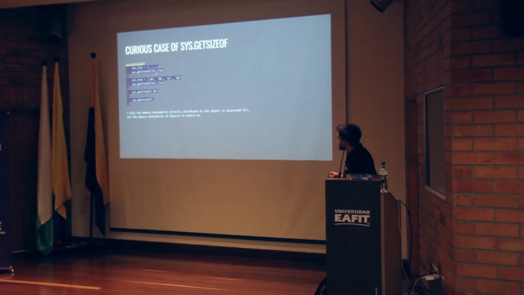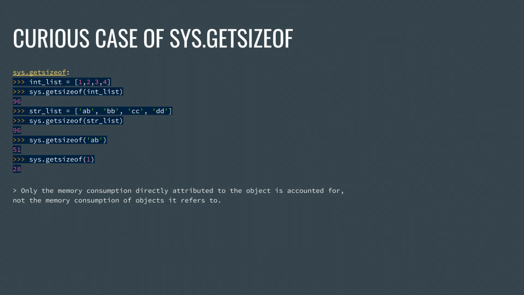When you take the integer list and the string list, obviously a string has a different size than an integer. But when you call getsizeof on a list of strings of the same length as the integer list, you receive the same number. That's because the structure of a list doesn't contain those values.